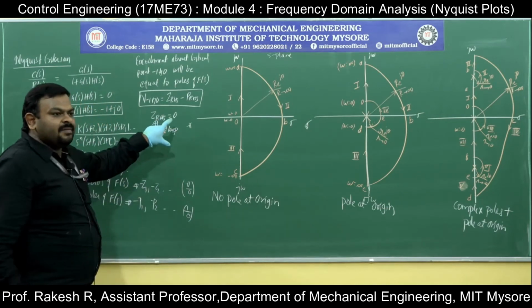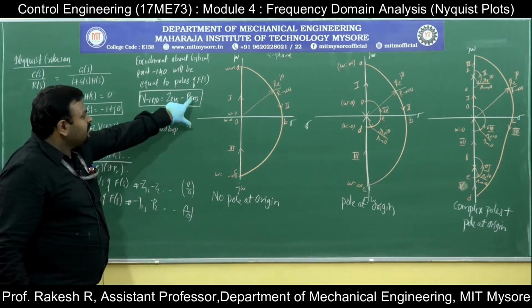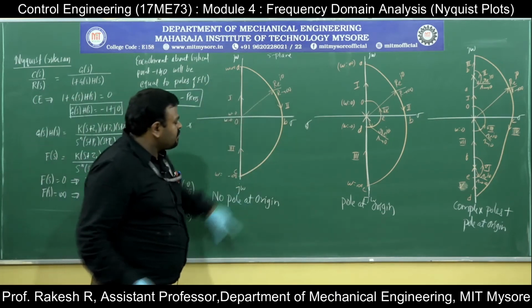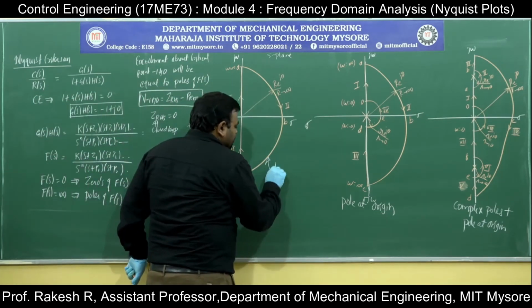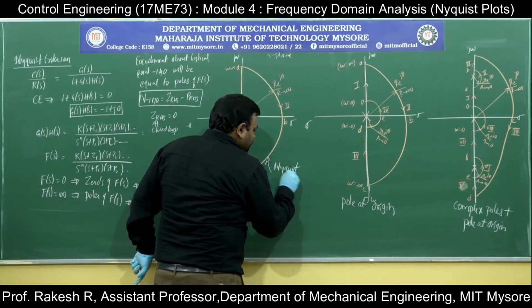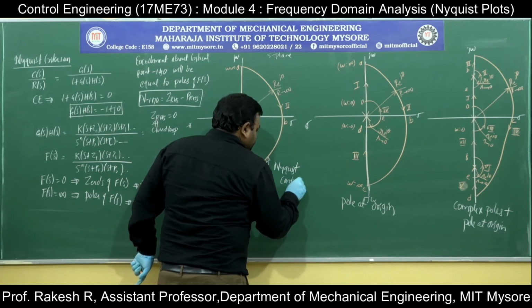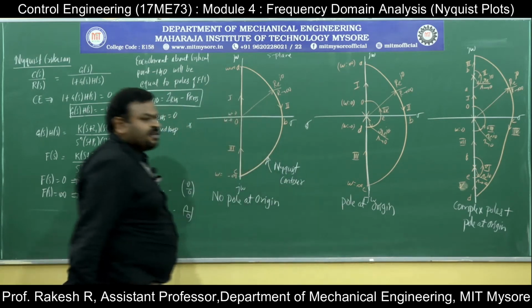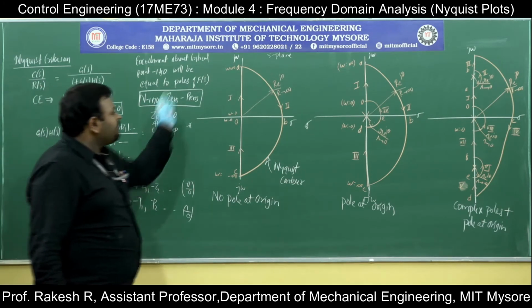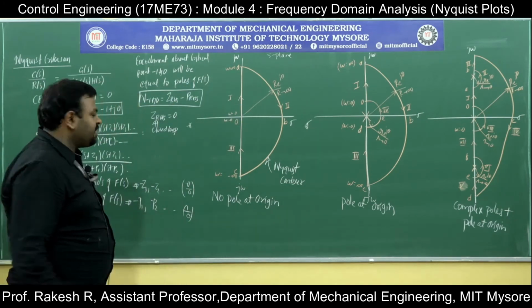Keeping this in mind, Nyquist has plotted P or Hs. So these contours are called Nyquist contours. So this is a Nyquist contour. He has searched wherever the system tends to become unstable.